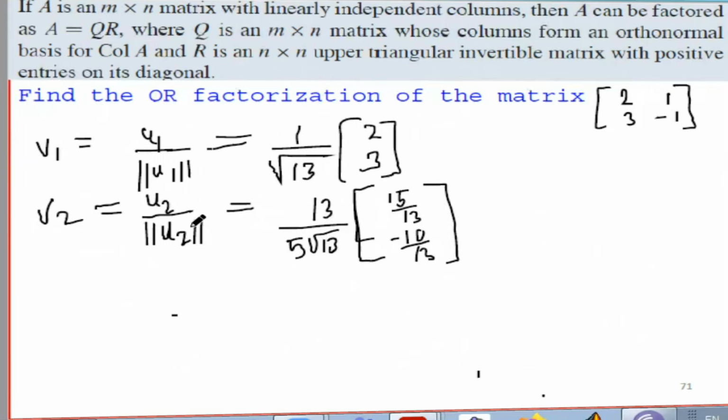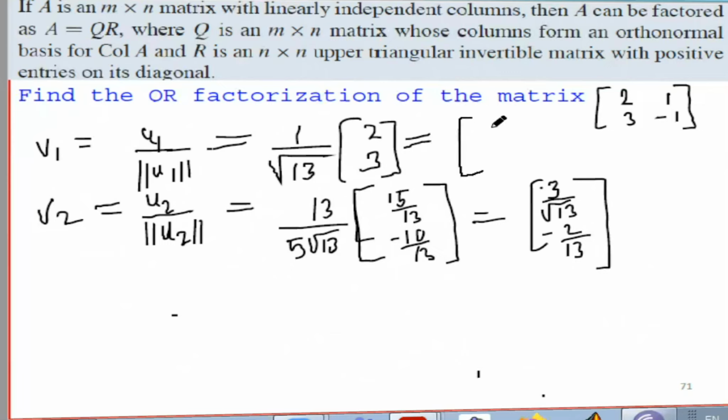This is the norm of u2. And V1 is (2 by root 13, 3 by root 13).